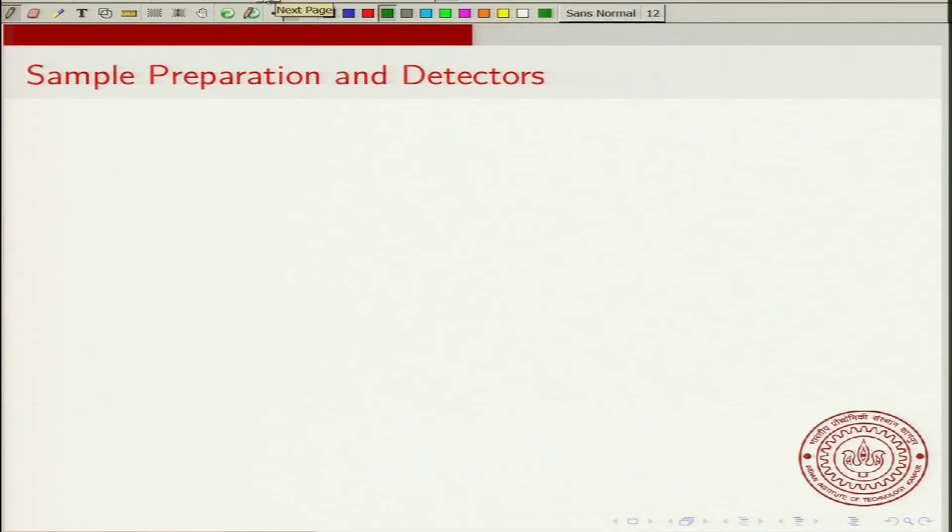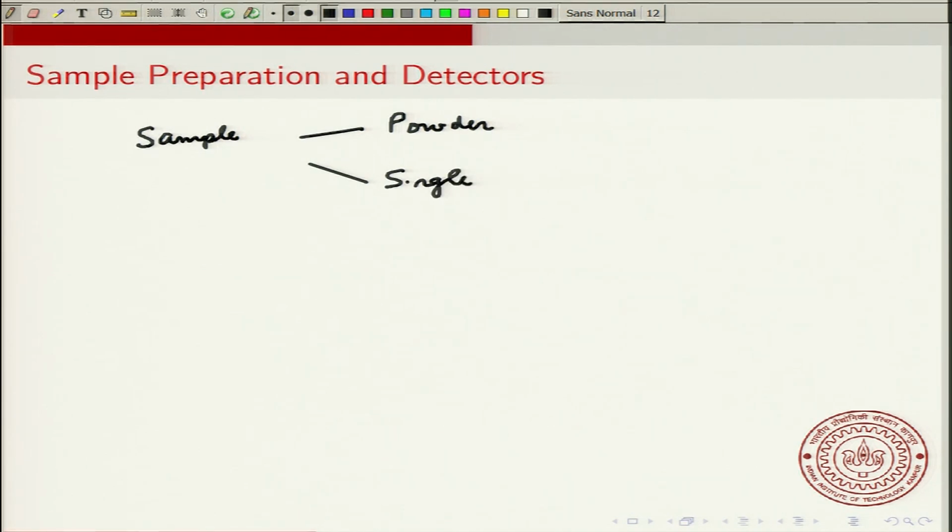Okay. Now, the next point I will just mention briefly here is the sample preparation and detectors. So, the sample can be either a powder or single crystal. Okay. And the powder XRD is the most widely used.